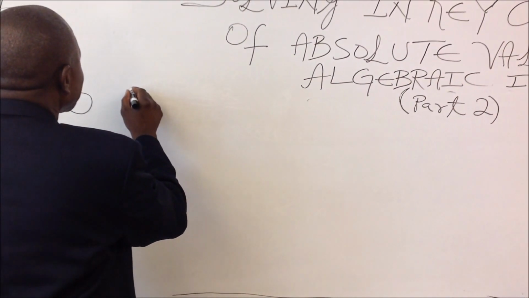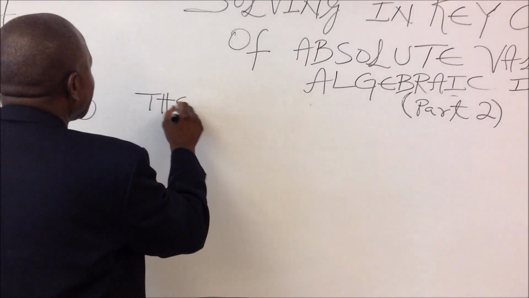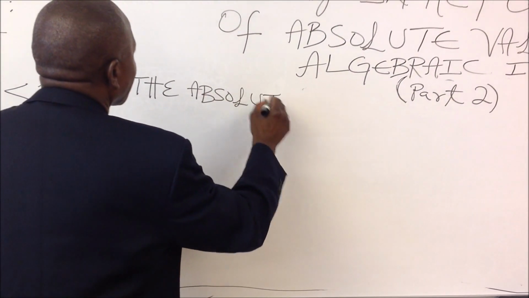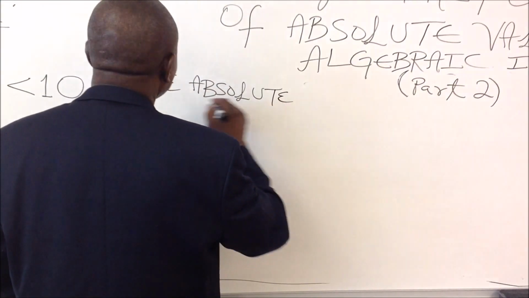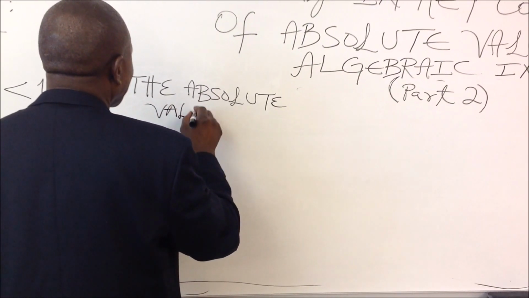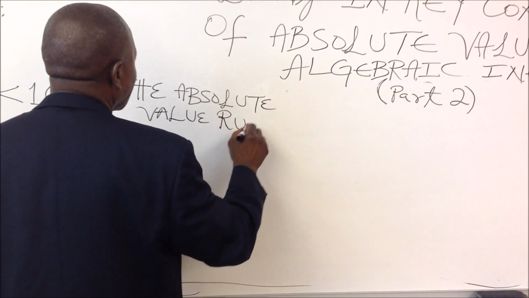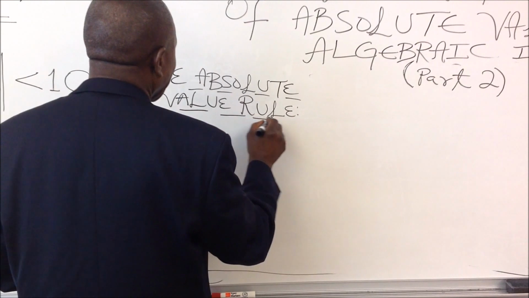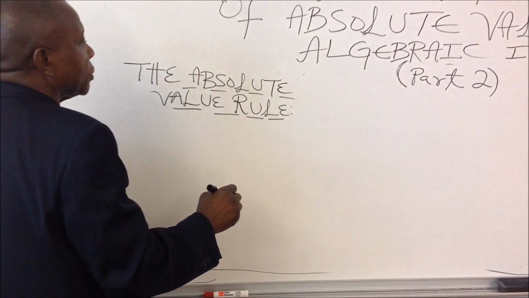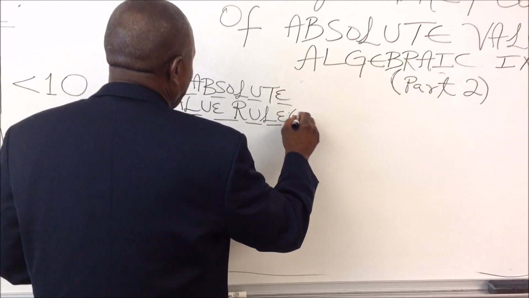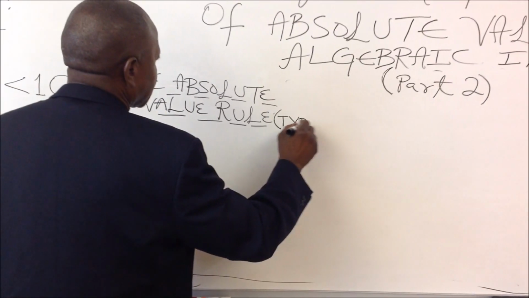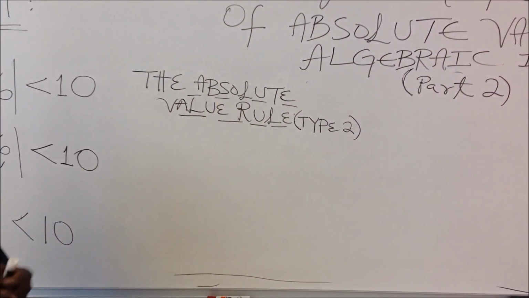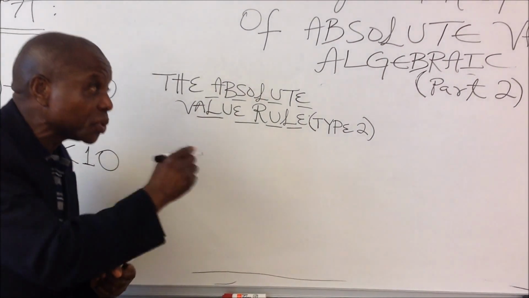Use the absolute value rule. In this case, let's call this type 2. What does the absolute value rule type 2 say?